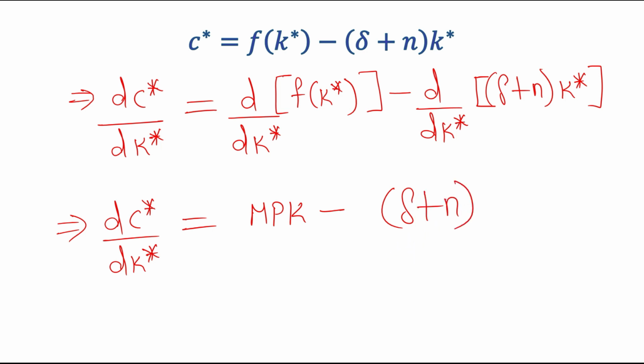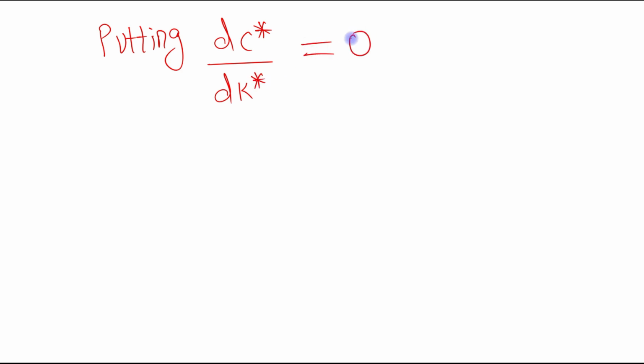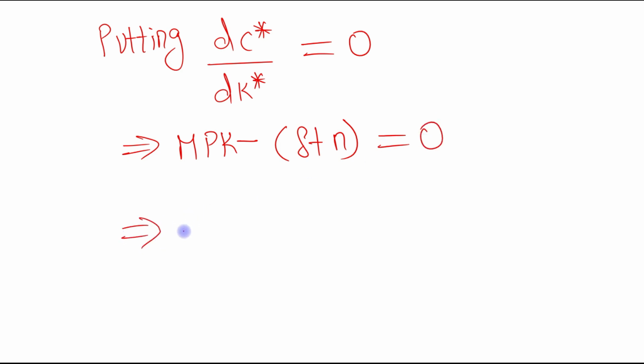Now we put this derivative equal to 0. So the marginal product of capital minus (delta plus n) equals 0. And we can also write this equation in this form.